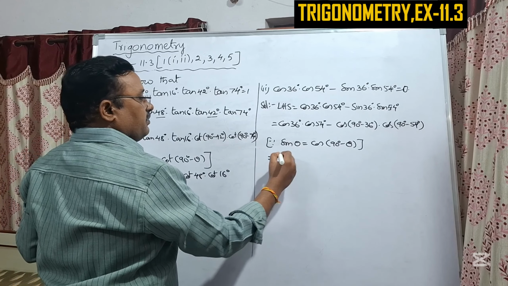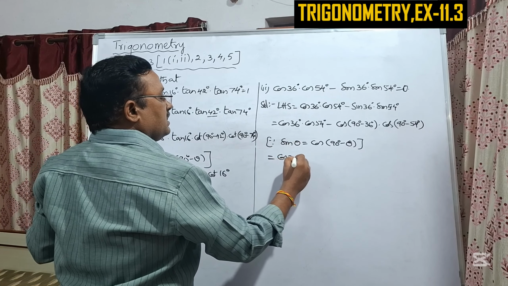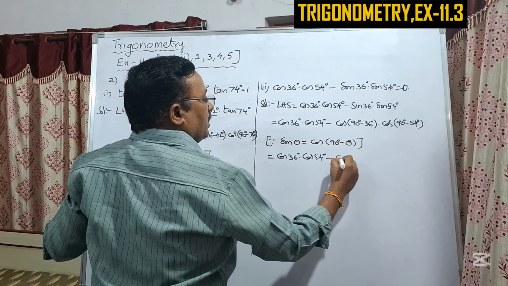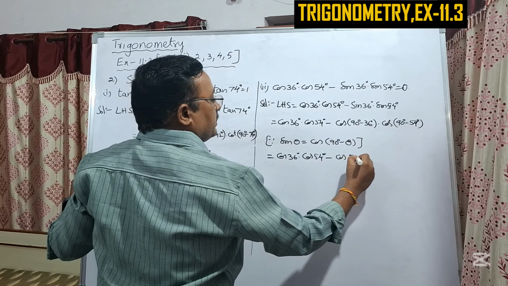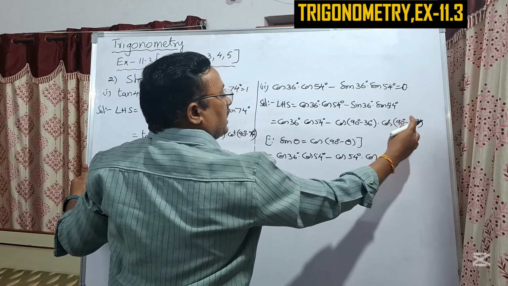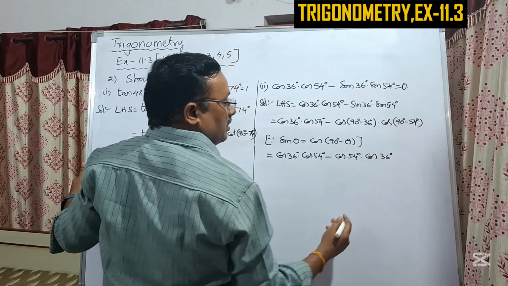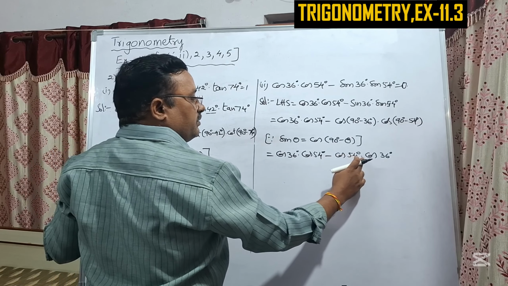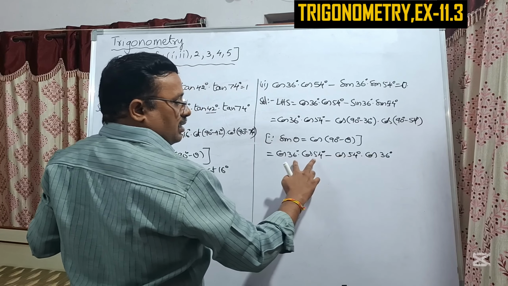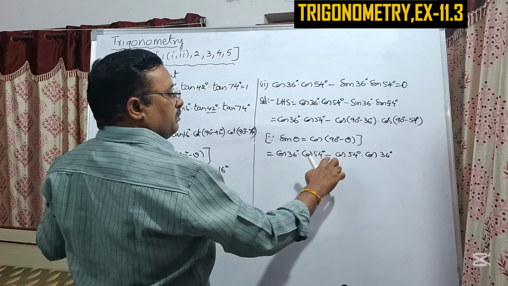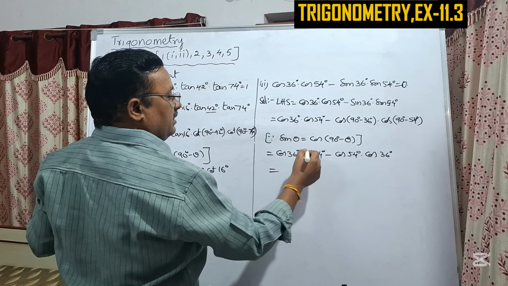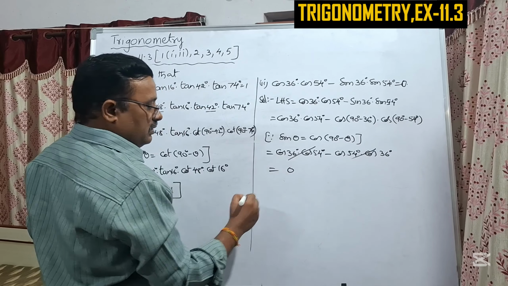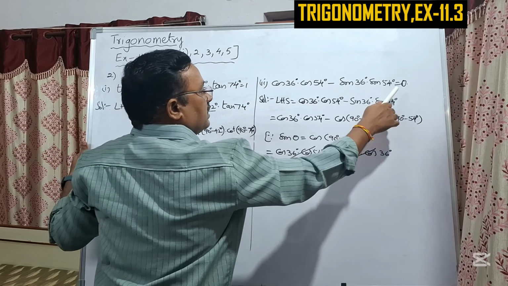Now just simplify it to get the answer. Cos 36 degrees into cos 54 degrees as it is, minus cos 90 degrees minus 36, which means 54 degrees, into cos 90 minus 54, which means 36 degrees. Now you see cos 36 into cos 54 minus cos 54 into cos 36. Just the commutative property, a into b minus b into a, so both are the same values, they cancel each other under subtraction, therefore the answer will become 0, which is equal to RHS.